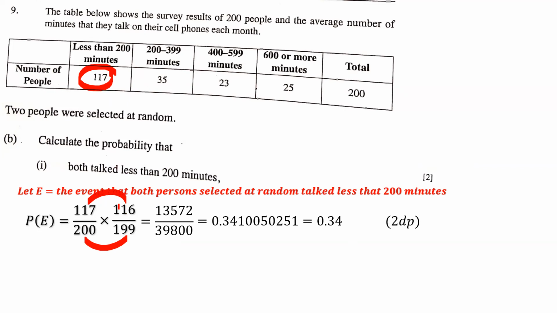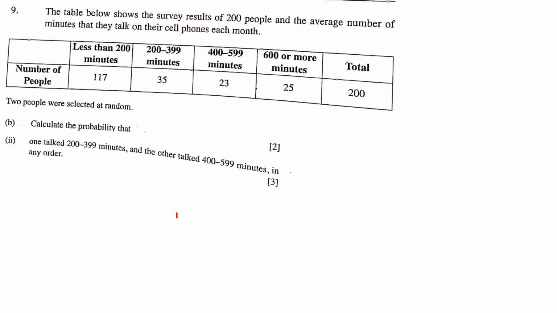So it's going to be one of the 116 persons that are left. Similarly, we already selected one of the 200, so it's only going to be 199 left. So that's how we get the 116 and 199. We multiply, then we divide. That's how we get our answer. Move right along. Let's move on to question B.